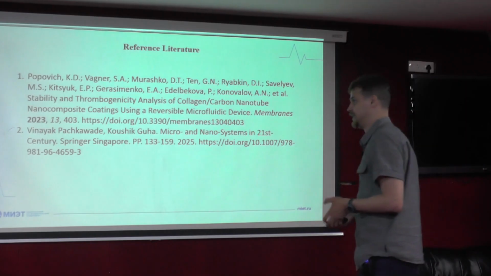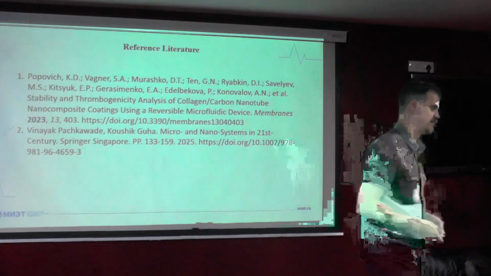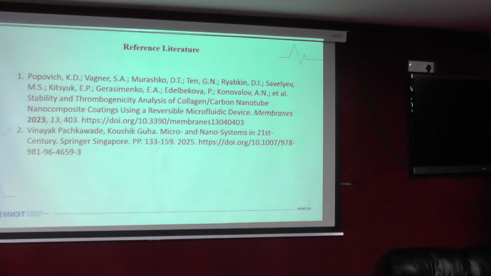So in terms of implantable organs, including the implantable artificial kidney, the goal is to prevent blood clot formation, because it could be a crucial issue in the exploitation of the implantable artificial kidney.